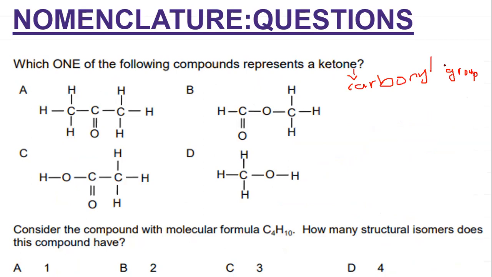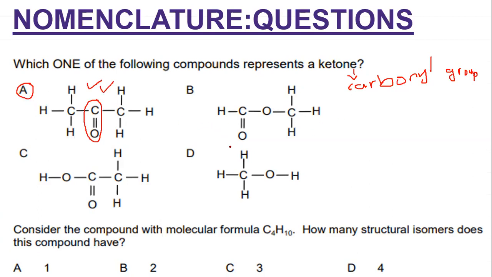So it's a C double bond O, which we must get between 2 other carbon atoms. So let us go and look for it. So we analyze this molecule, and there I see a C double bond O, and this C double bond O is between 2 other carbon atoms. And I definitely know that option A is correct, and I'm going to get 2 marks.